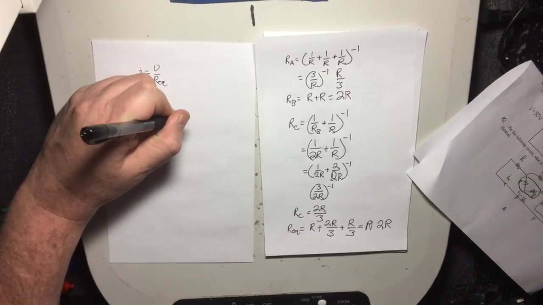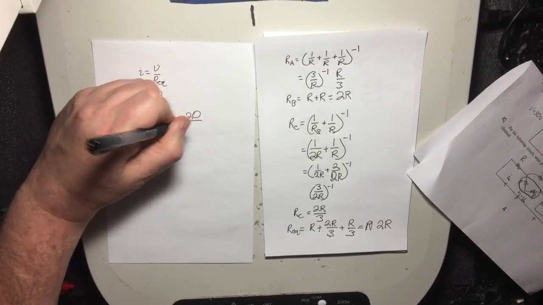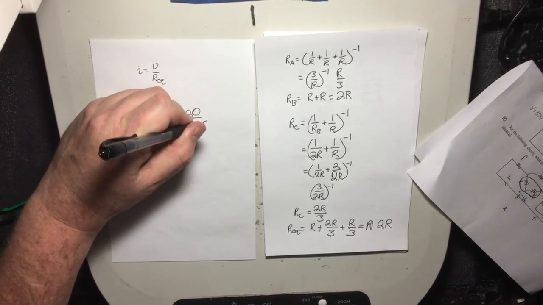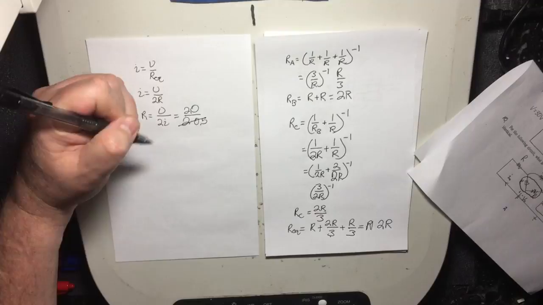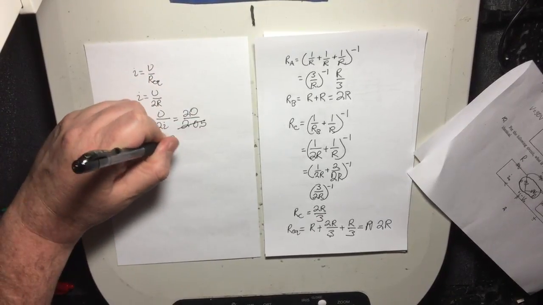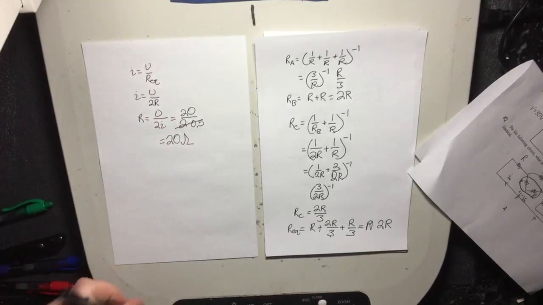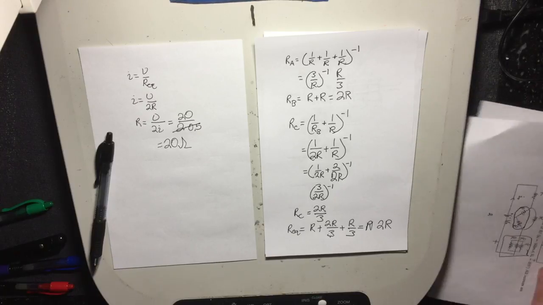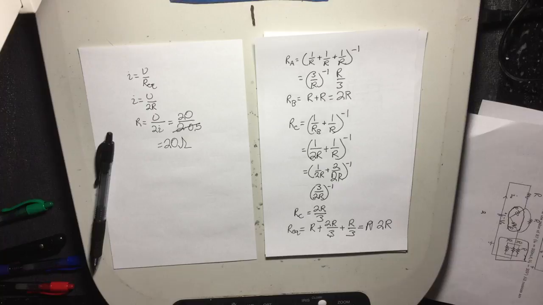V is 20. 2 times I is 0.5. 2 times 1/2 is 1. So R is 20 ohms. Done. So it's just getting into practice using series and parallel circuits and Ohm's law.